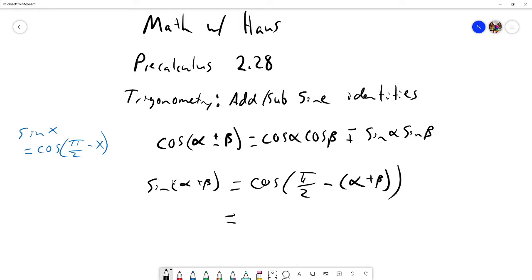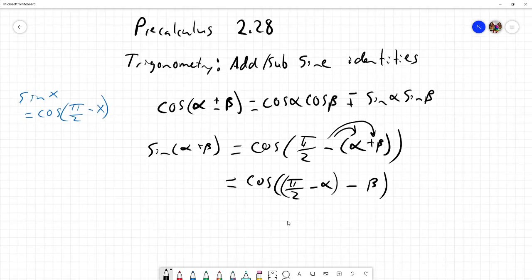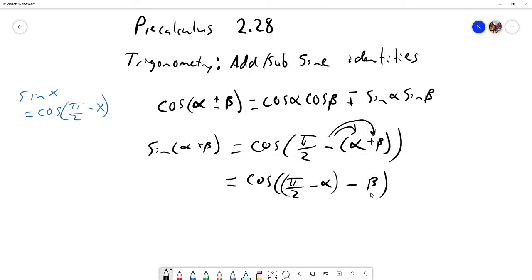And we can rewrite this as cosine of pi over 2 minus alpha, we think of this as one quantity, minus beta. So what we did was distribute that negative. And notice now we have cosine of some quantity minus another quantity, and we can use our subtraction identity.